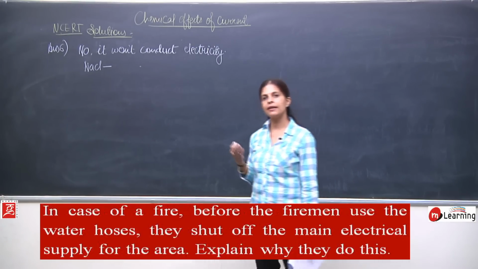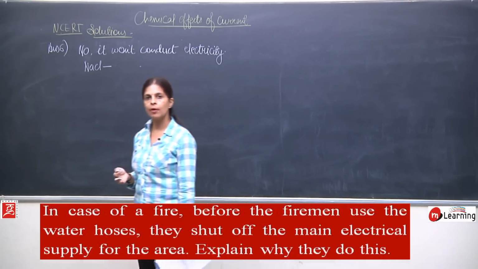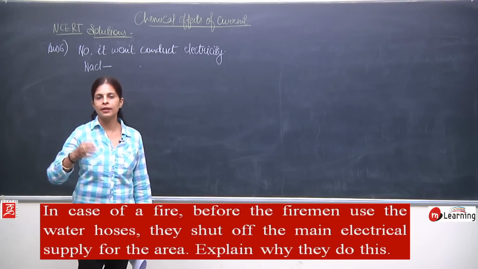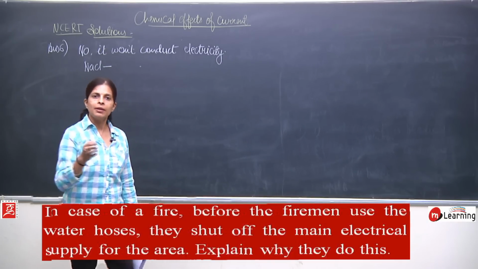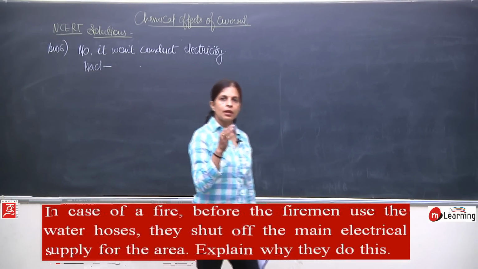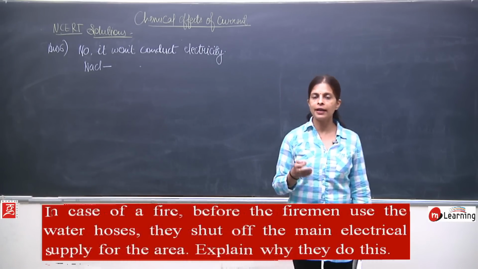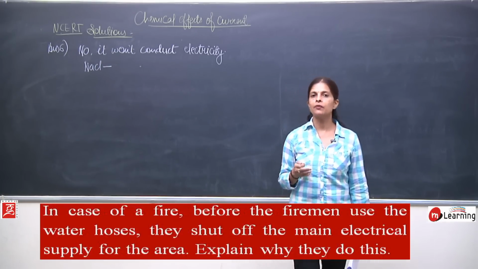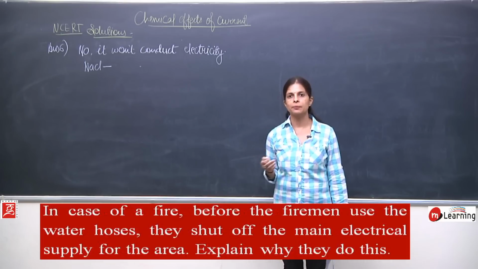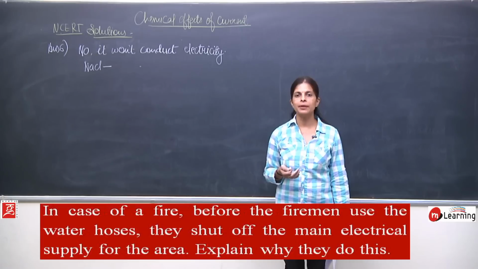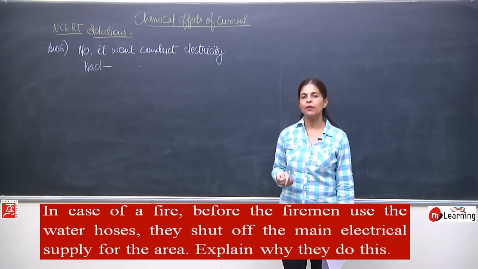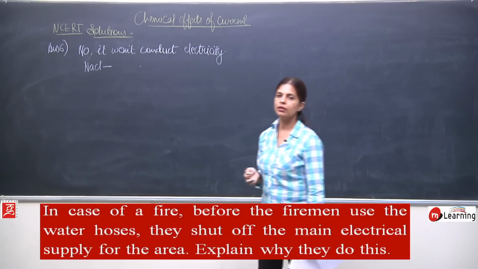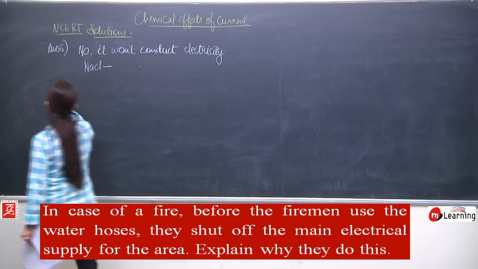Distilled water will not carry electricity, but normal water has salts in it. So it will become a good conductor of electricity, and if the main circuit is not off, the current will pass and the fireman's life will be in danger. That is the reason the main circuit is cut off, to avoid any kind of mishap. So this is answer number 7.